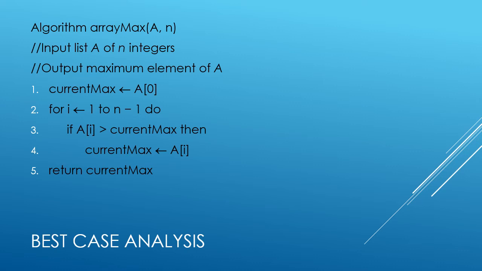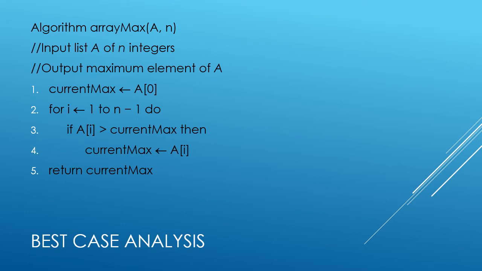In line number 3, we have an if. If the condition of the if is true, we move into the body of the if, which is line number 4. But if the condition of the if is false, we skip the body of the if. Line number 5 also always executes.